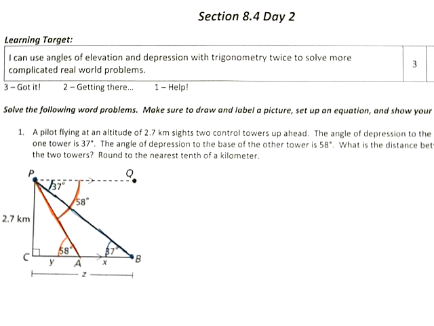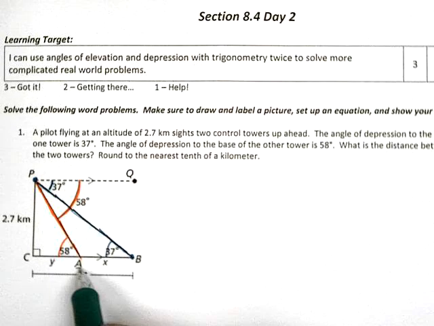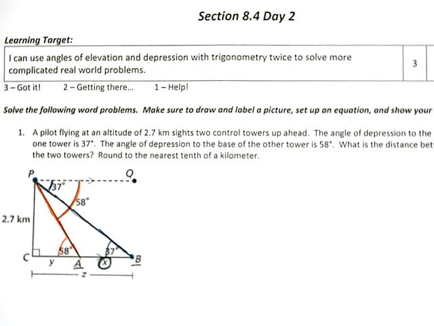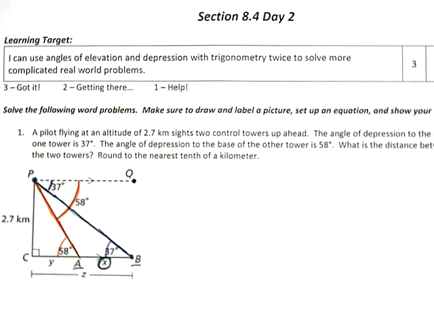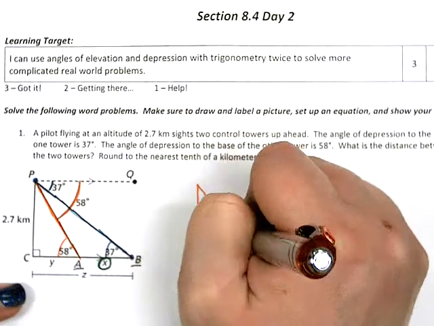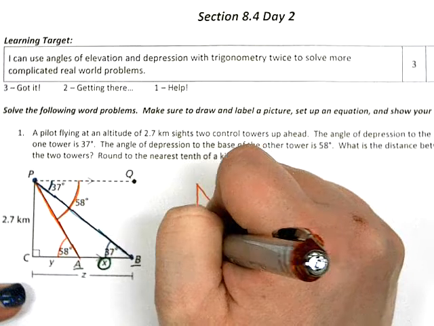Okay, so we are looking for the distance between the two towers. Well, here's tower A and here's tower B. So the distance between them is x. But if we look at those two triangles, x is not part of a right triangle. So what I'm going to do over here real quick is draw these triangles separately.